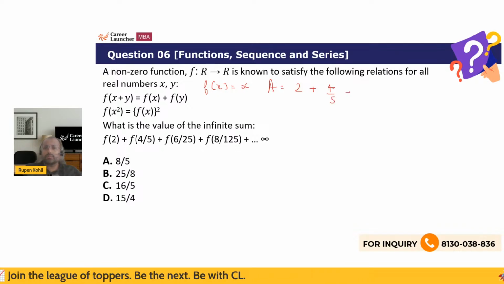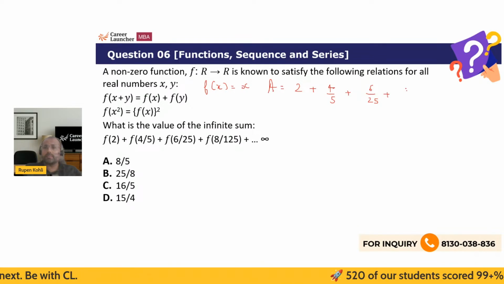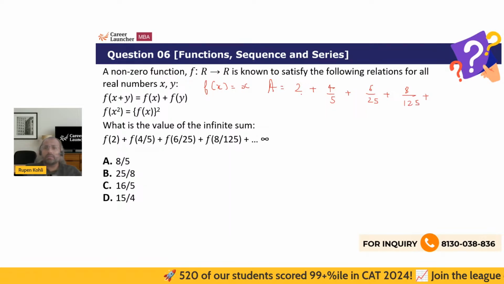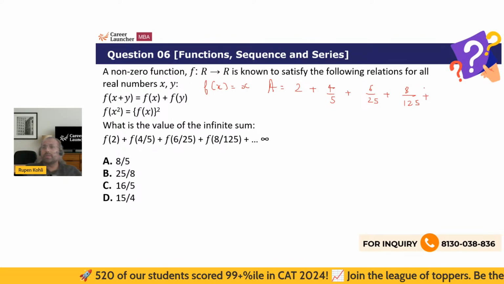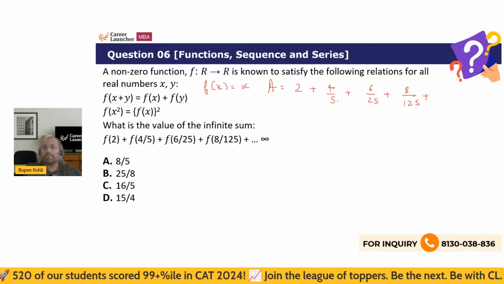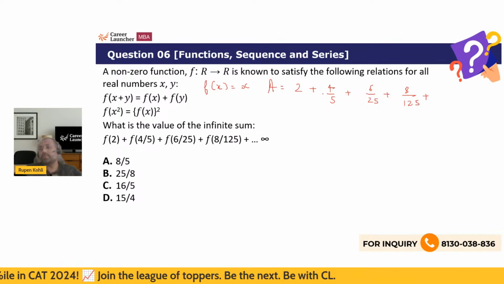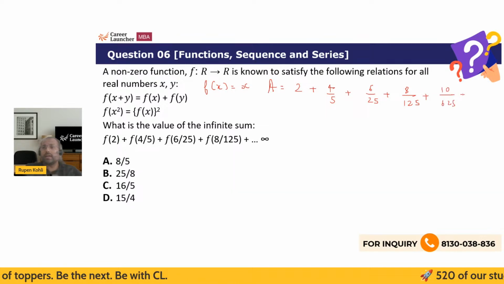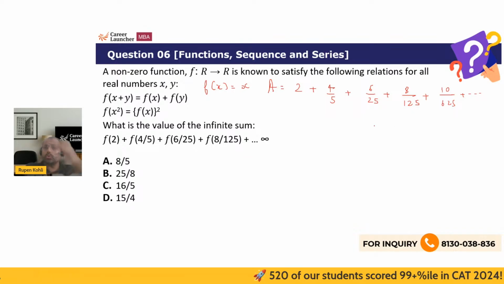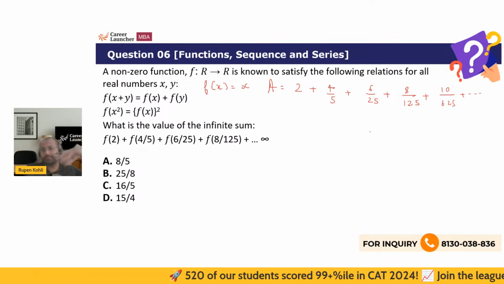So now the question becomes, find this infinite sum: 2 plus 4 by 5 plus 6 by 25 plus 8 by 125 and so on. The logic is, sorry, not powers of 2, 2 4 6 8, even numbers in the numerator, like the next term will be 10 by 625, and powers of 5 in the denominator. Means the nth term is 2n upon 5 power n.